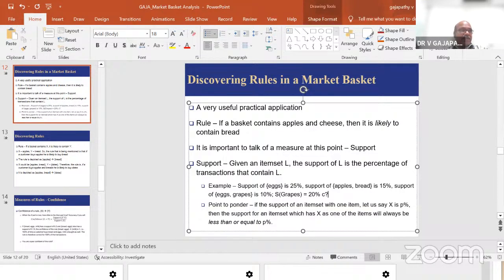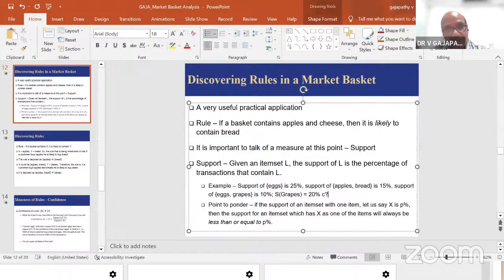Otherwise I have to use the term transaction. There are 100 transactions. Of that 100 transactions, 25 transactions contain X. Therefore, X divided by total transactions. This is the support of X. Yes, this is okay.